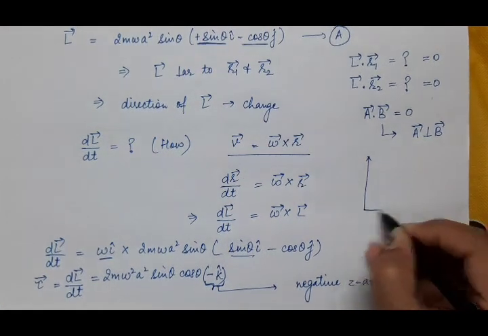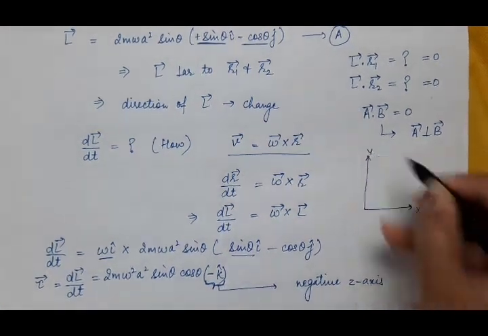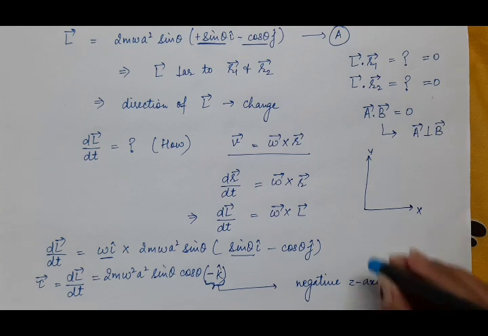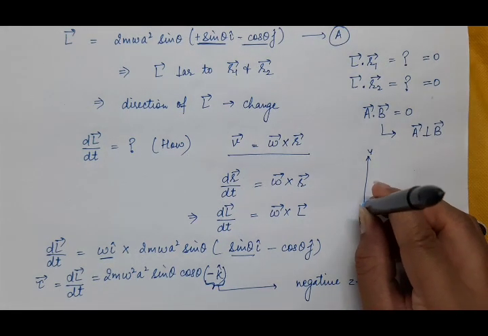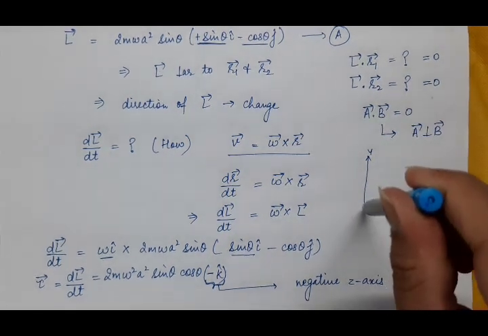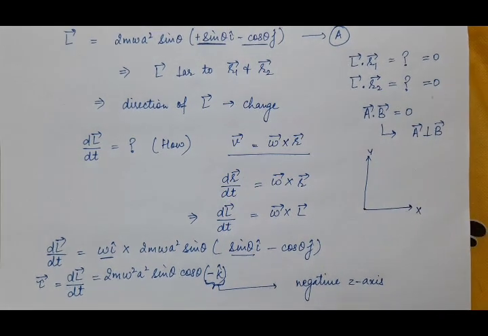If this paper is the xy plane, then the positive z-axis will be perpendicular and out of the paper, and the negative z-axis will be inward into the plane of the paper. So the direction of torque will be along the negative z-axis.